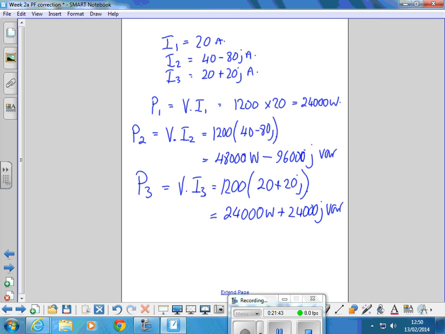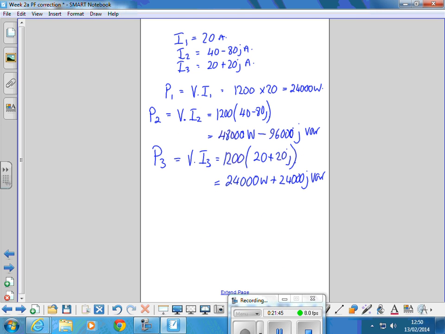Therefore, the total power, P total, is all these watt values added together. So just add up 24,000, 48,000, and another 24,000 watts.